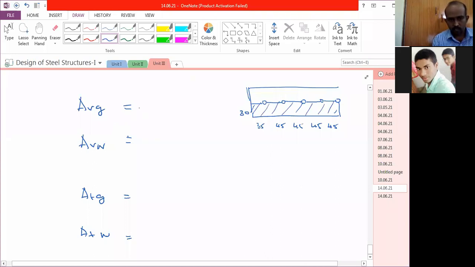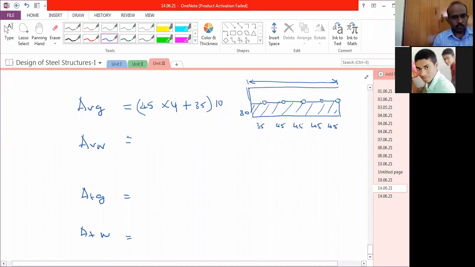What is AVG? It means along this direction. So total length from this point to this point, what is the length to be calculated? Multiply by thickness. So how to calculate? 45, 1, 2, 3, 4, 45s are there. Multiply by 4 plus 135. So this is the total, multiplied by 10.